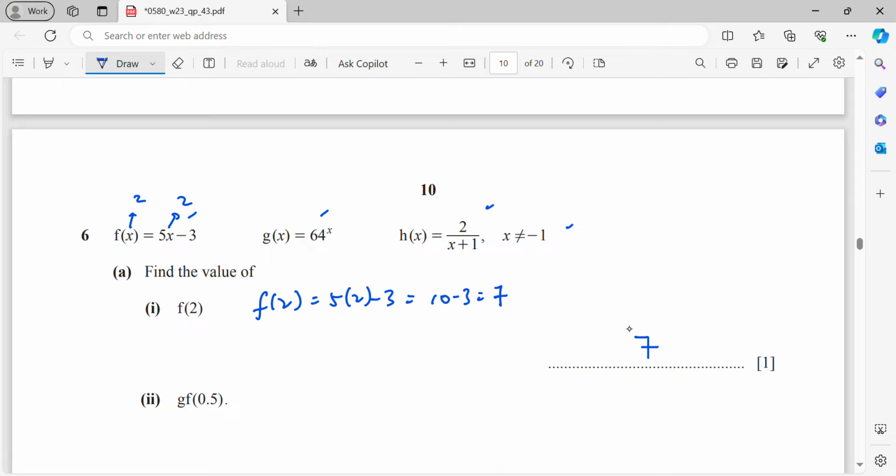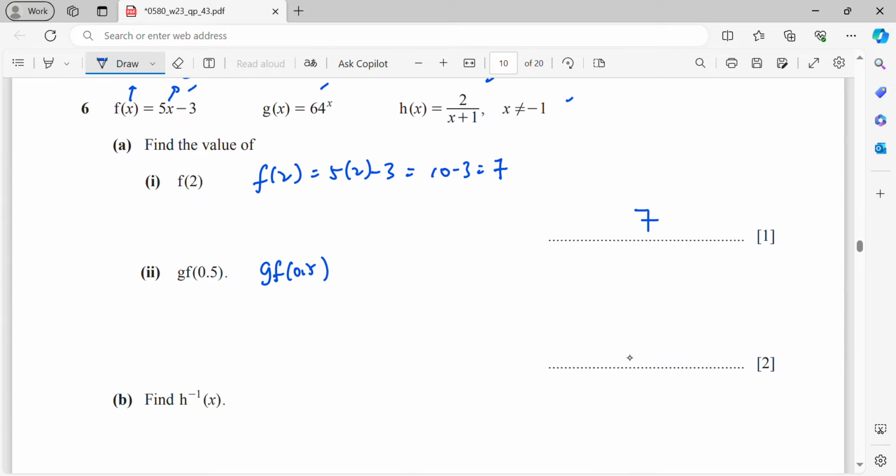gf(0.5) for part 2. So for gf(0.5), I will calculate what my f(0.5) is first. That means now you just change the x accordingly. 5 bracket 0.5 minus 3, that is going to be negative 0.5. And then now your gf(0.5) is basically g of negative 0.5.